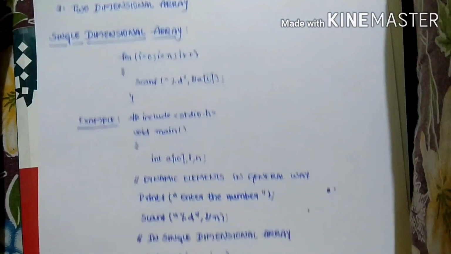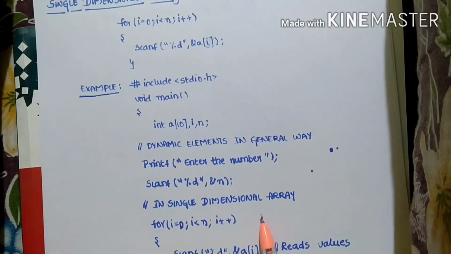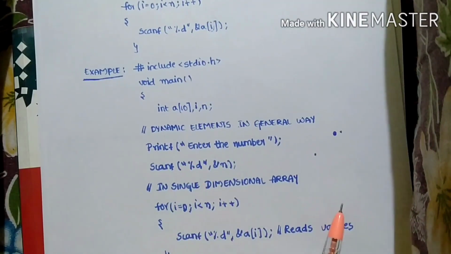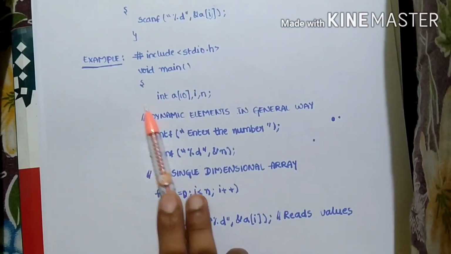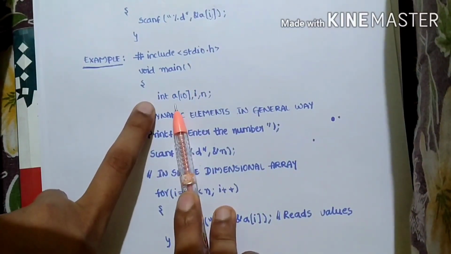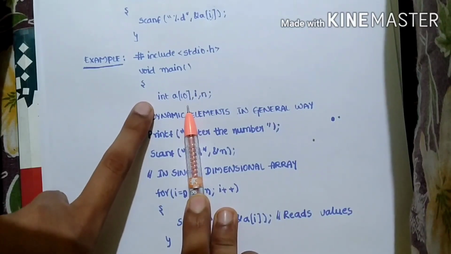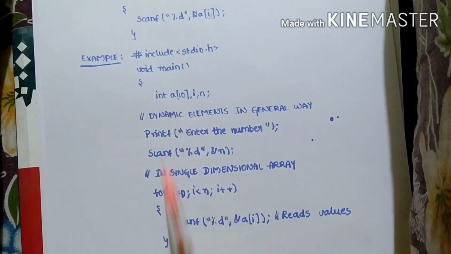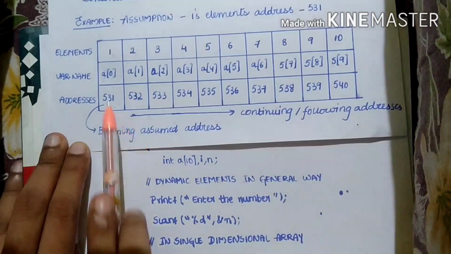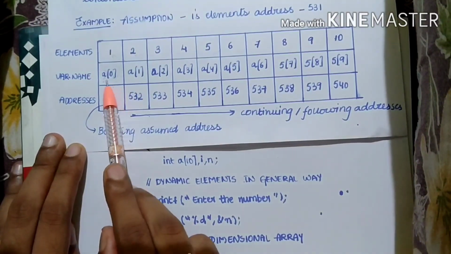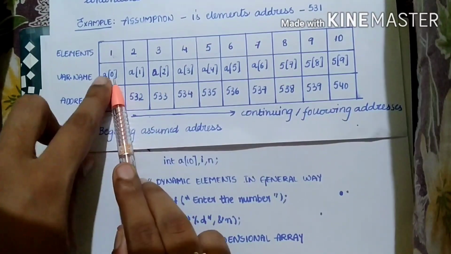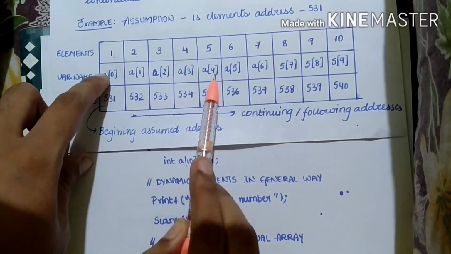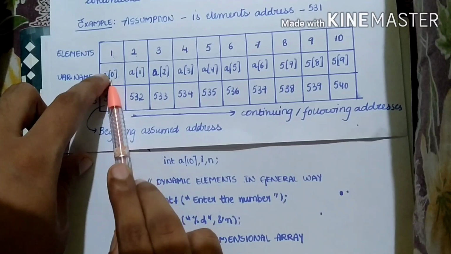Let's go deeper with an example. This is the sample program. Hash include stdio.h, void main, brackets open, int a of 10. Let's compare this with reading of array. If you see, a of 0, a of 1, a of 2, these 0, 1, 2, 3, 4 and so on will be i.